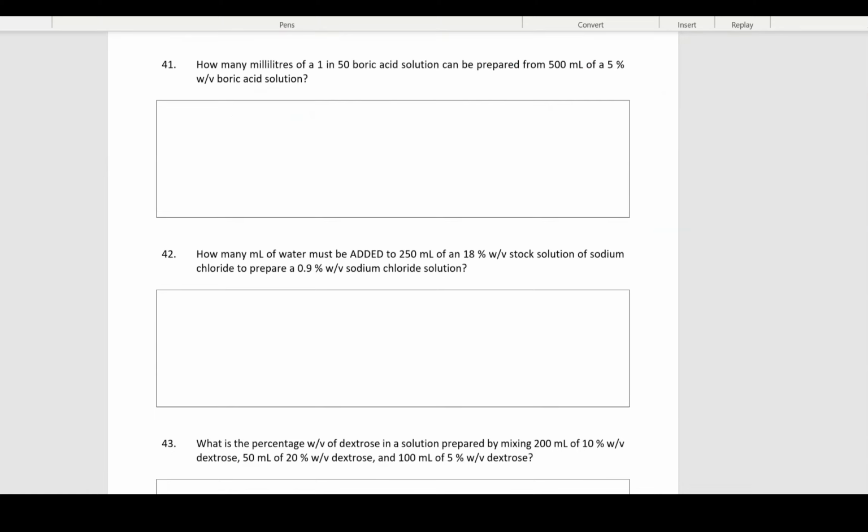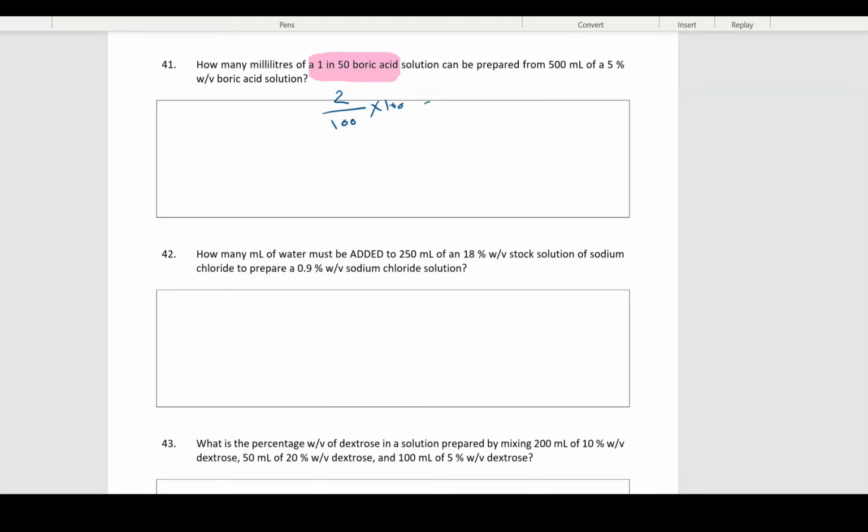How many milliliters of boric acid? You know, boric acid is used for cleaning contact lenses. When you buy contact lens liquid, it's boric acid. So the concentration is 2 in 100.